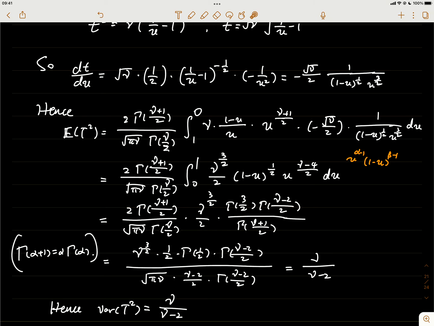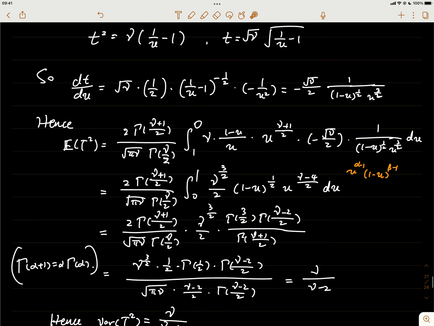Similarly, the difference between these two is essentially half of nu minus 1. So this and this can be simplified into just this part, again following this property, where we set alpha to be nu minus 2 over 2.